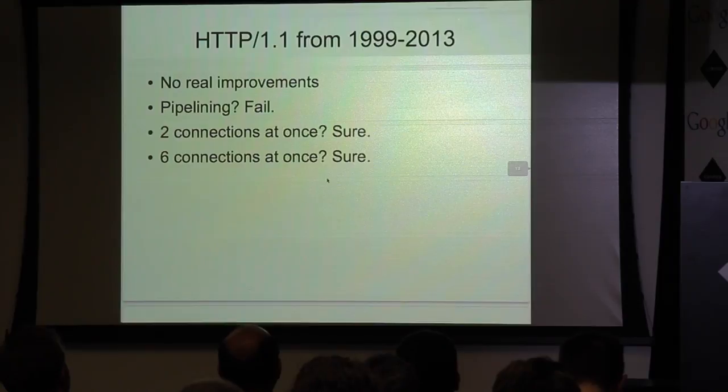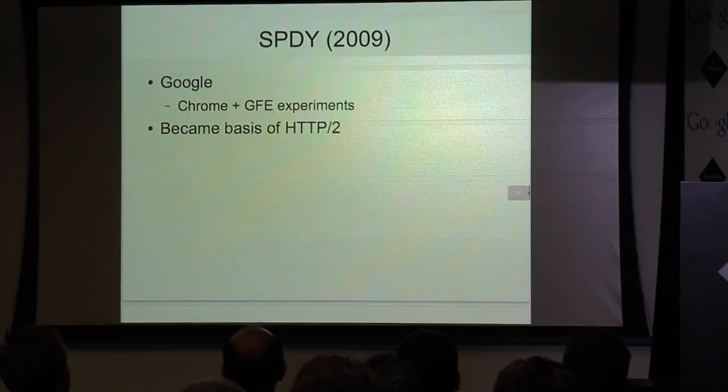HTTP was kind of boring for a while. Then 2009-ish, plus or minus a year or so, Google at this point had a browser and lots of servers. And so Google figured, well, we can experiment with different things. So Google started advertising, during the TLS handshake, that the server supports some other protocol that's HTTP-ish but not HTTP, and Chrome would see that and say, okay, I'll speak this.